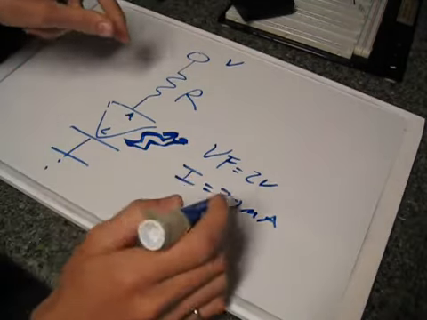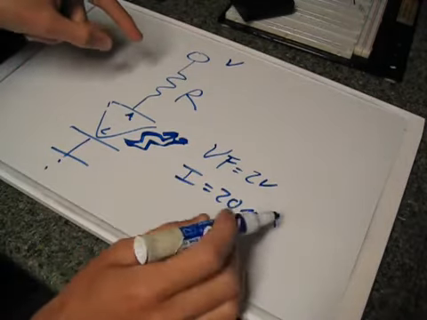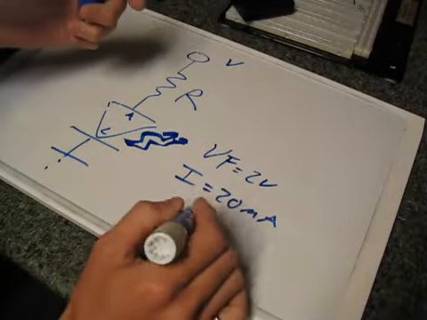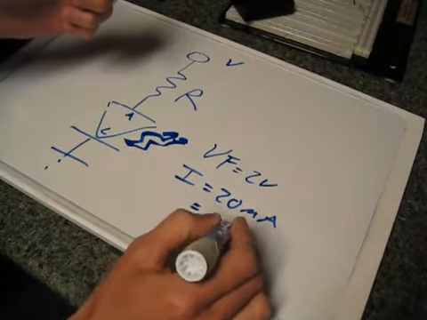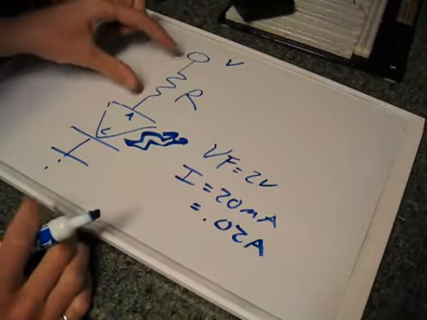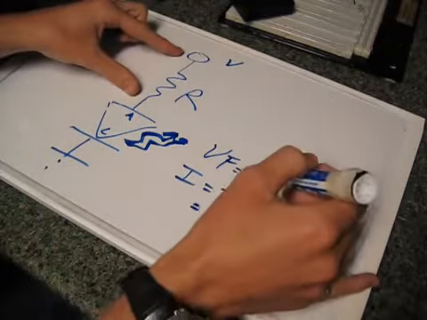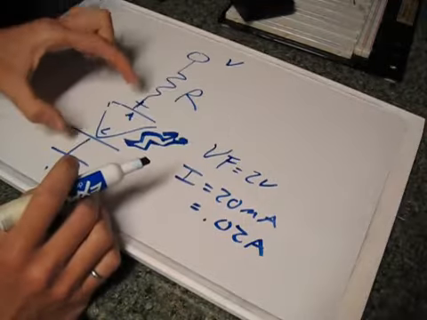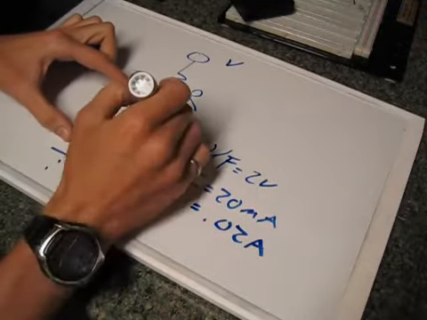Another thing, if you ever want to convert milliamps into regular amps, just divide by 1,000. So that's also equal to 0.02 amps. Basically, what this forward voltage means is that right here across that LED, you're going to have 2 volts.